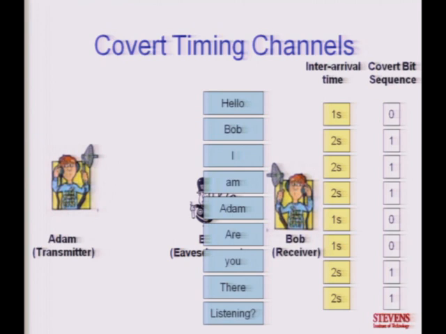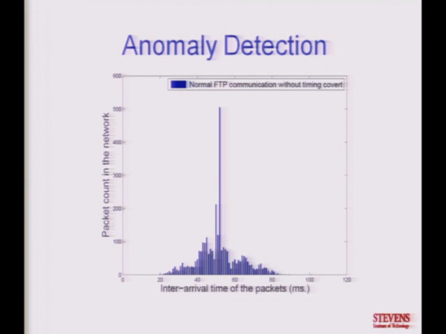Now, even though I said that this delay is good enough to transmit some information such that Ed won't even know, Ed can know in some sense. Let's say this is an experiment we did. We just had some wireless LAN station sending some FTP packets, and we just counted the inter-arrival time between packets. Now, because of the fading wireless characteristics and all the multipath and everything, you'll never have a consistent interpacket delay.